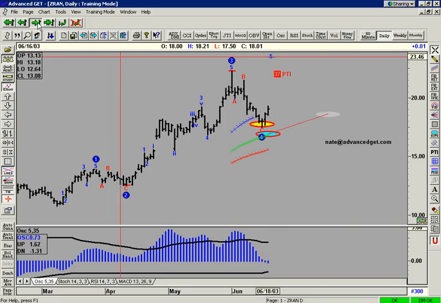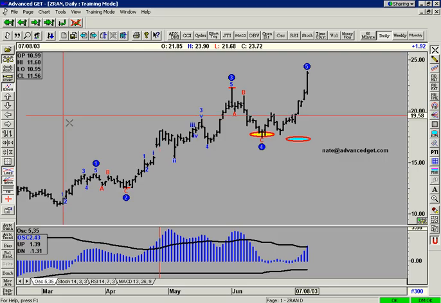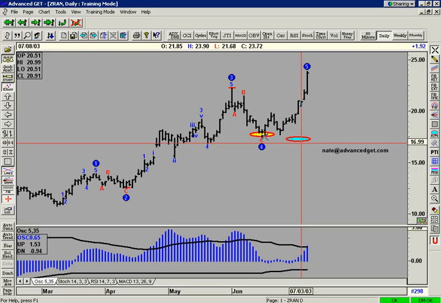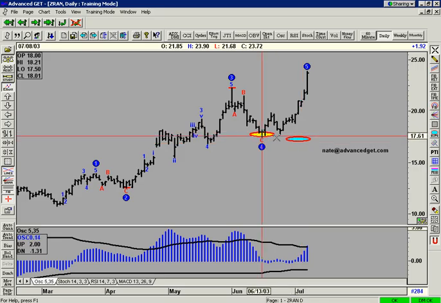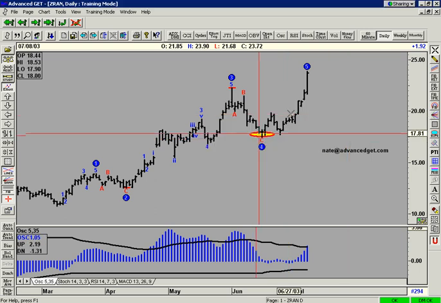As I add more bars in, we see that that ellipse held and confirmed that that was the right time and price for that trend to continue. So the normal ellipse wasn't the one that caught it. In this case, the short-term ellipse caught it. So I can right-click on that and turn the normal ellipse off since we don't need it. And hit OK.